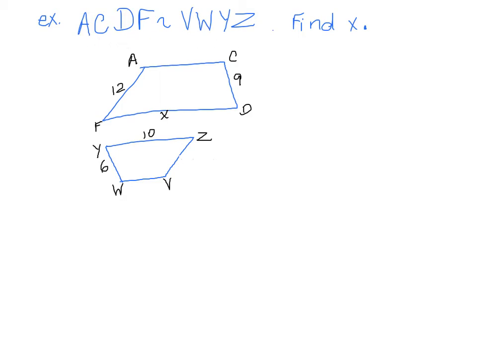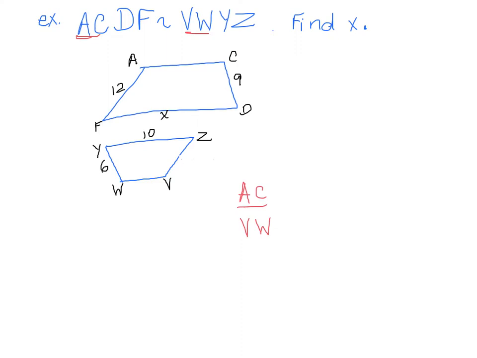For example, our first two letters, AC, and our first two letters, VW, are corresponding to each other because they're the first two letters in both cases, which means that we could have a ratio AC over VW, which would give us an important number, which I'll mention in a second.